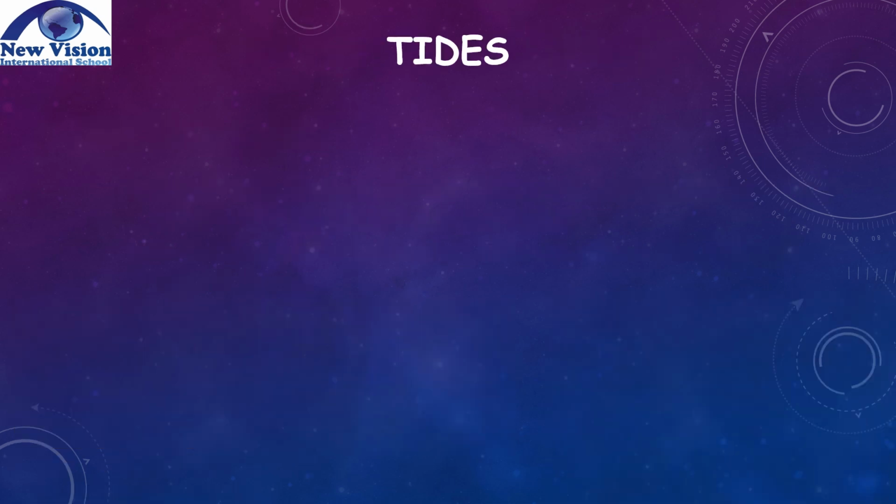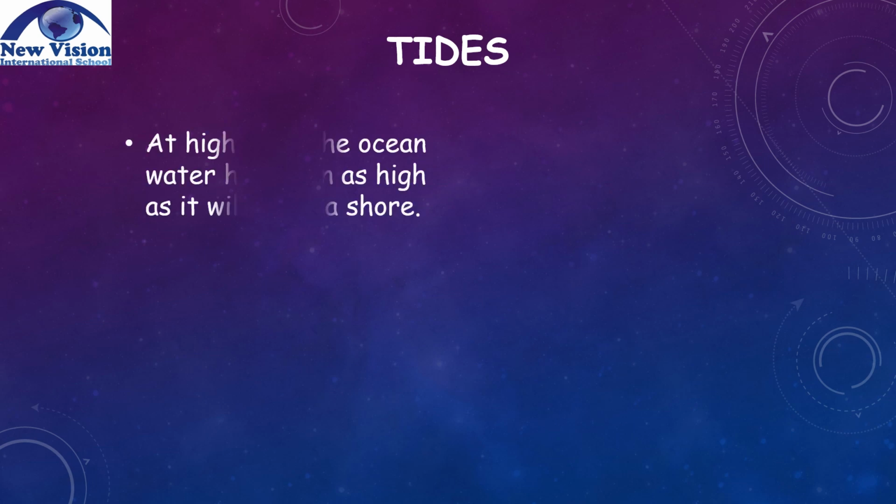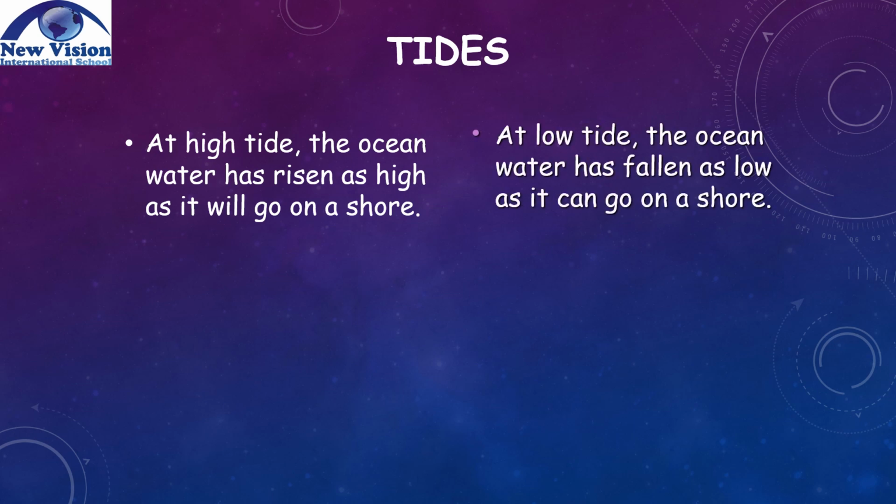So as we've discussed, there are two types of tides. We have high tide. At high tide, the ocean water has risen as high as it will go on a shore. And at low tide, the ocean water has fallen as low as it can go on a shore.